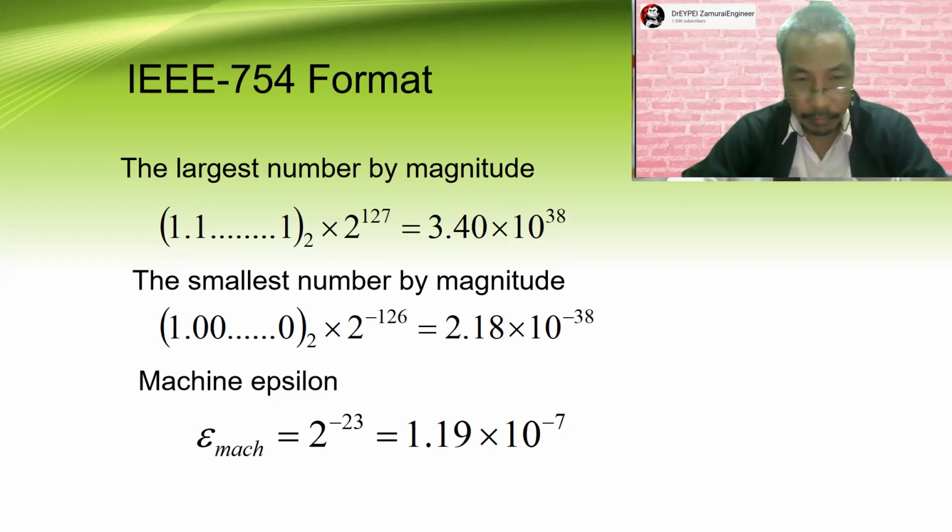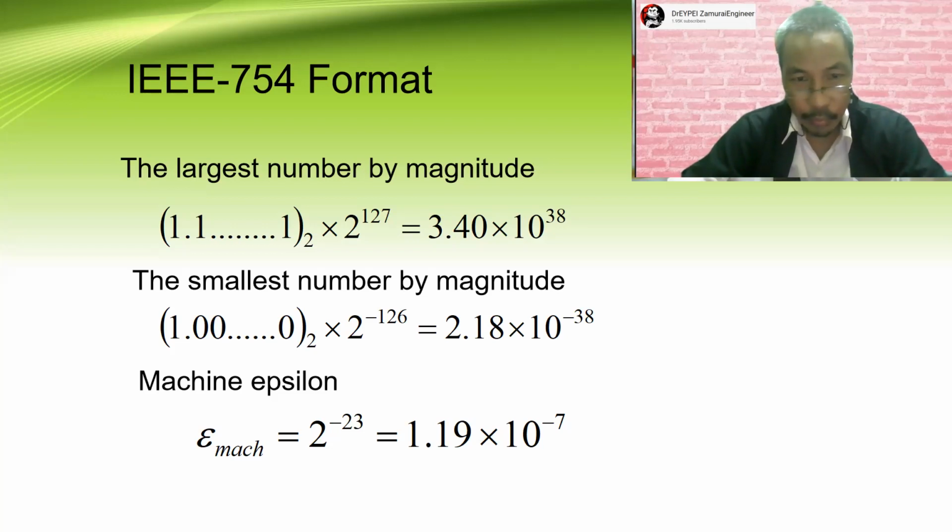So, smallest means the mantissa is all zeros. 1 point mantissa, so 1.00000 with so many zeros. If you convert that to decimal, that will give you the answer 2.18 times 10 to the negative 38. Okay?